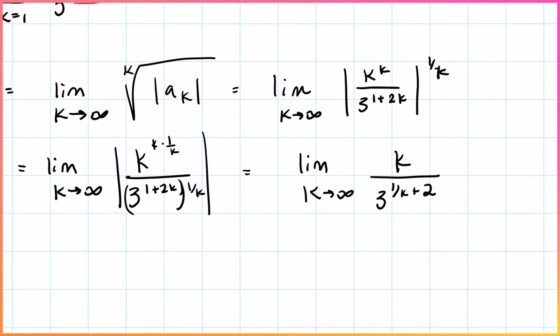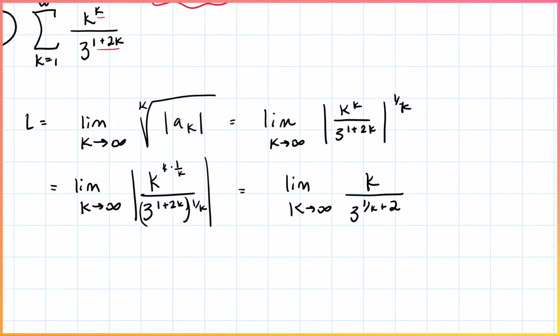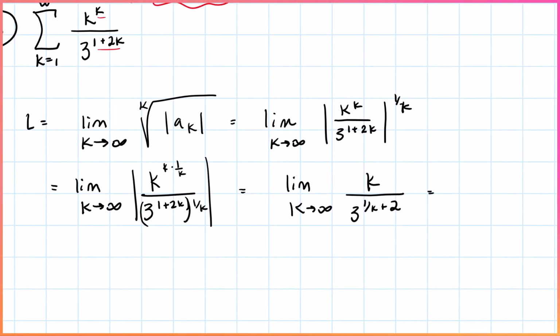In the numerator, as k is approaching infinity, of course k itself is growing without bound. And in the denominator, this little piece 1 over k is going to approach 0, and we're going to get 3 squared. So we get infinity over 9, which of course is infinite. It is growing without bound, which is greater than 1.